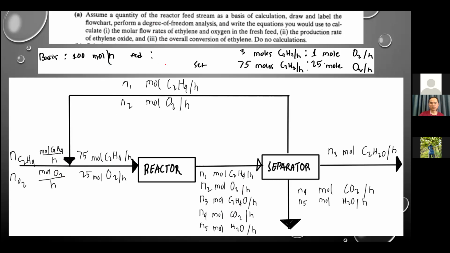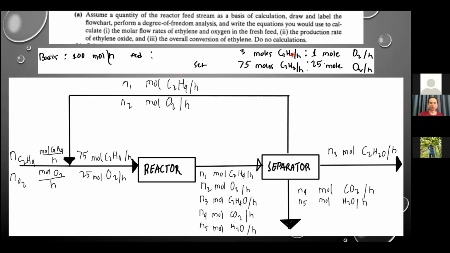But again, there is a specific ratio that is said in the question, that the feed to the reactor has a ratio of 3 moles of ethylene to, oh sorry, this must be 4. 3 moles of ethylene to 1 mole of oxygen.